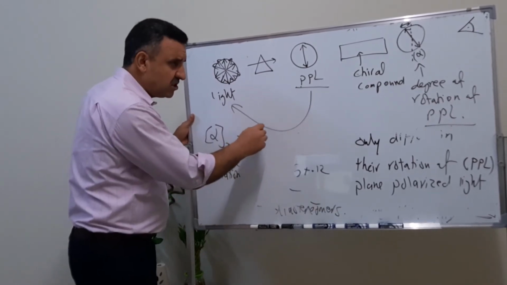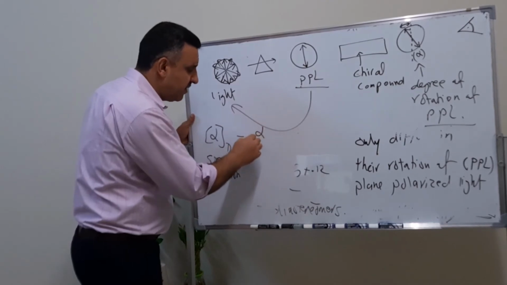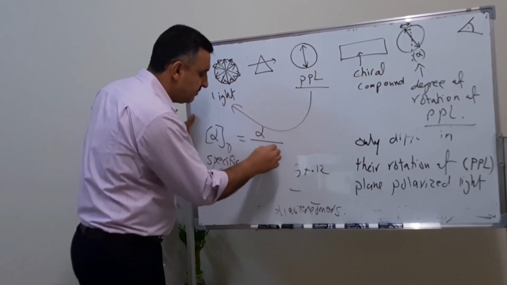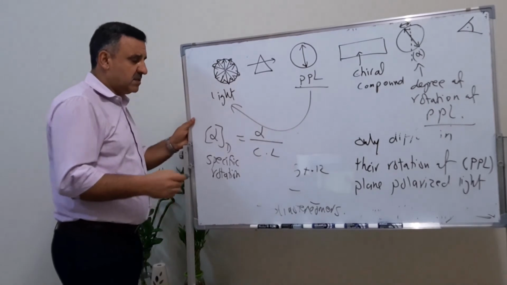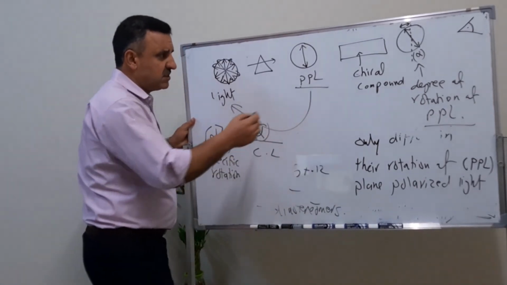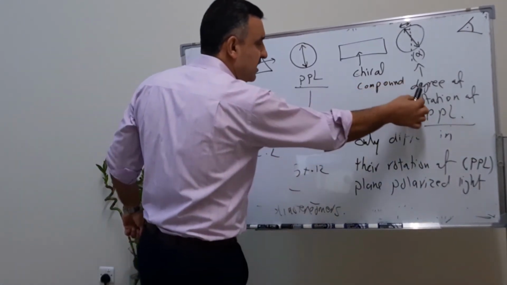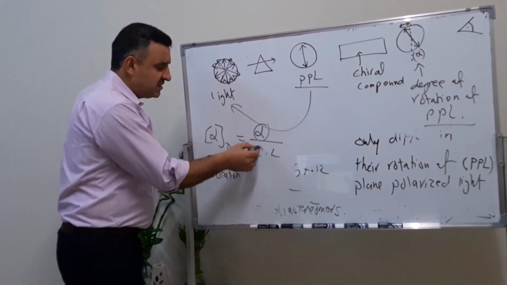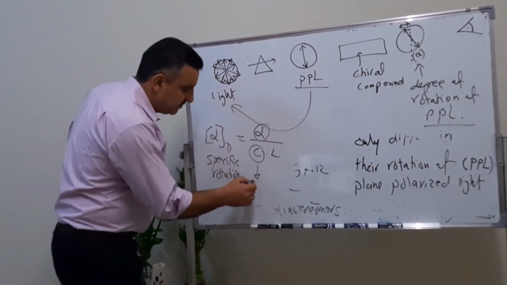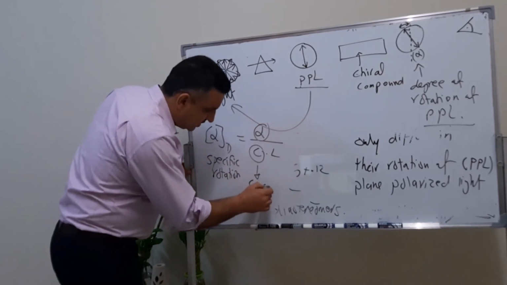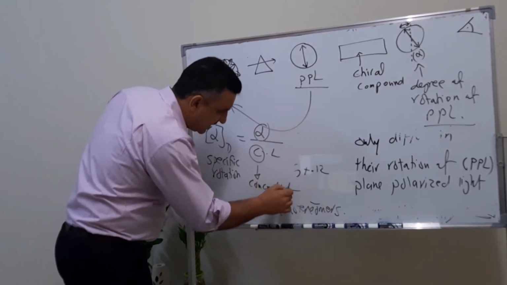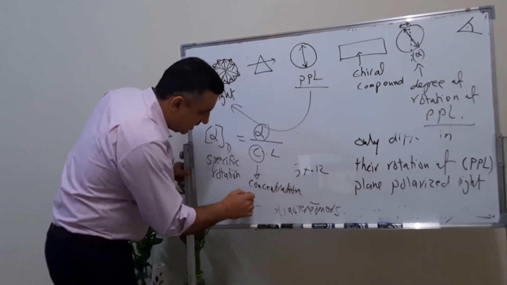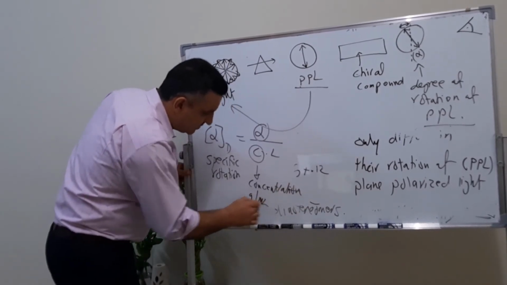And the specific rotation is always equal to alpha over c times L. Alpha is the degree of rotation of the plane polarized light. The c here is the concentration of the sample in gram per milliliter.